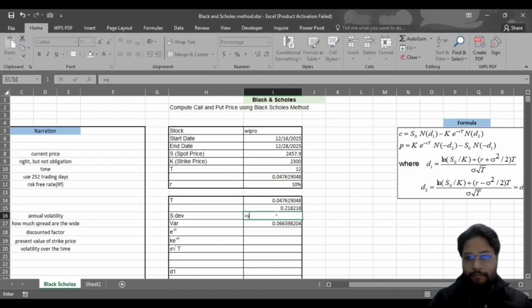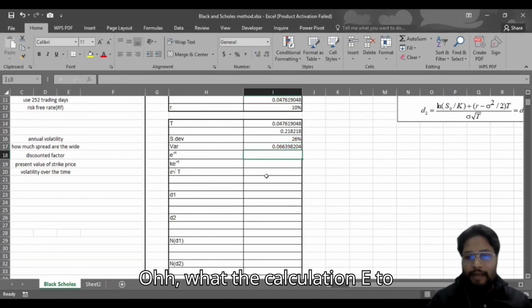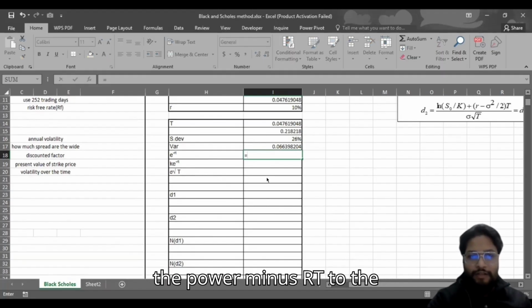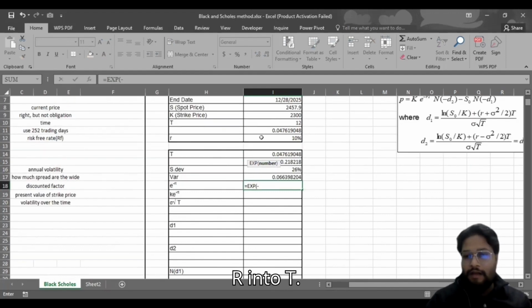Then e to the power minus rt is the exponential of minus r into t.